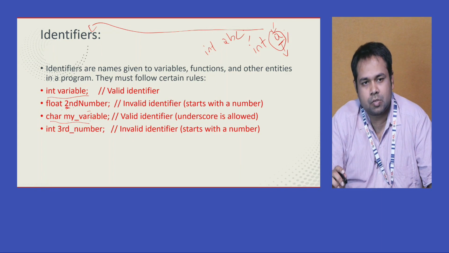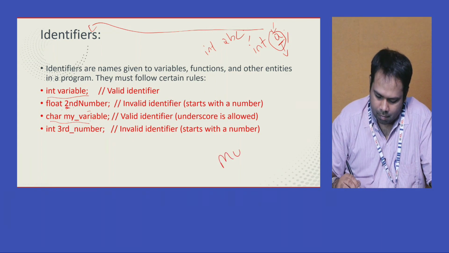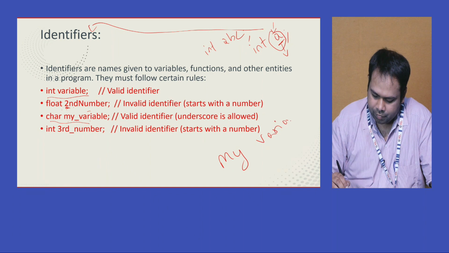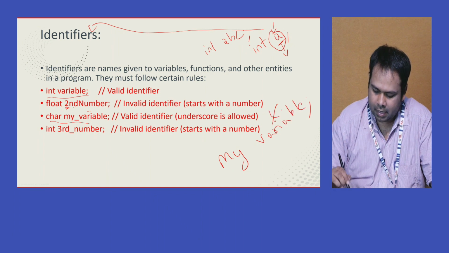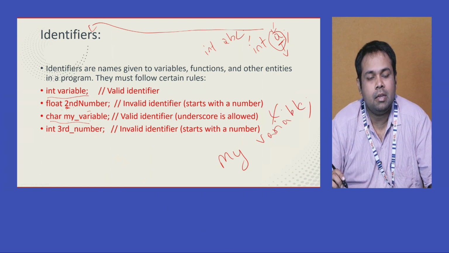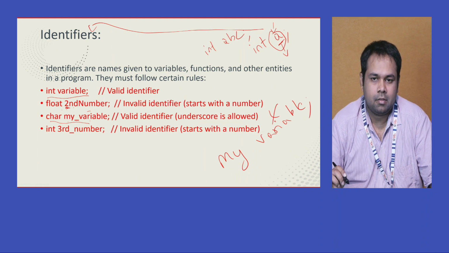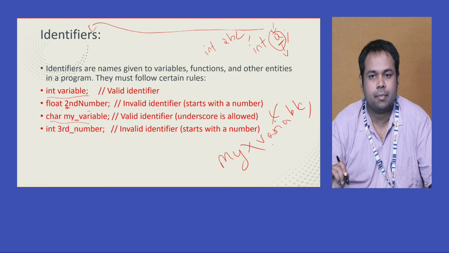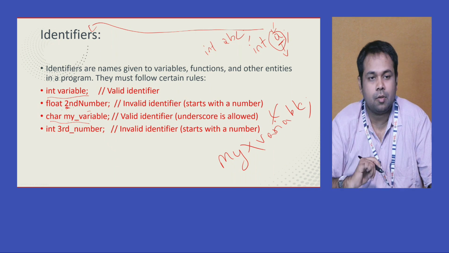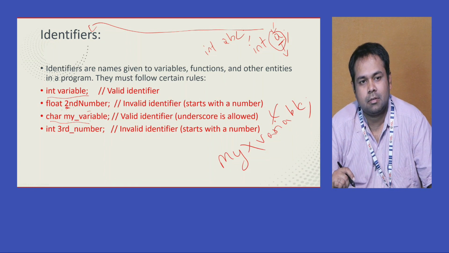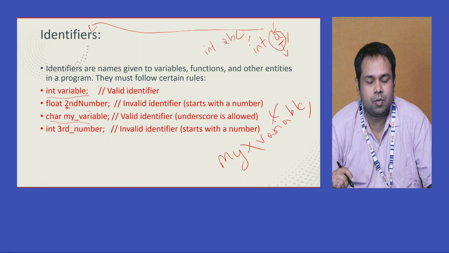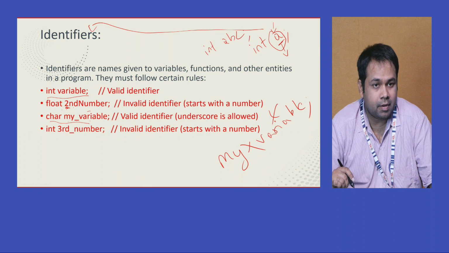Underscore is allowed. You cannot write my space variable. If you write like this, definitely it is not going to be considered as an identifier. The space should not be given. Underscore is allowed, but dot is not allowed. Okay, that is what we need to remember while naming an identifier.